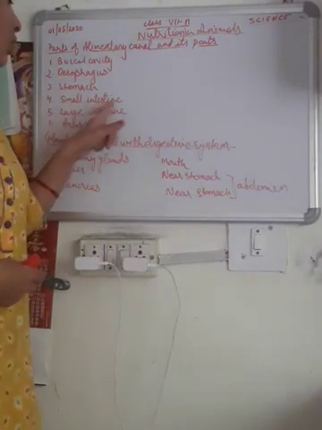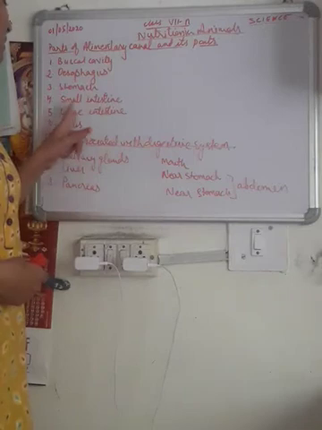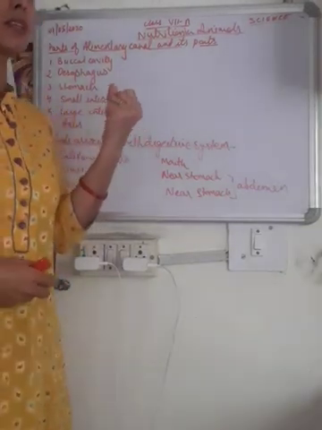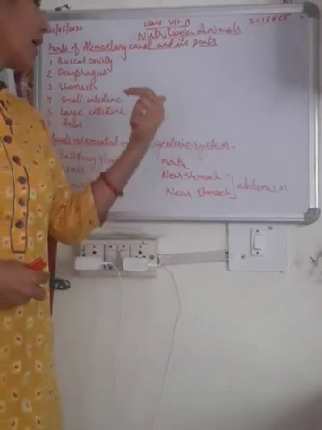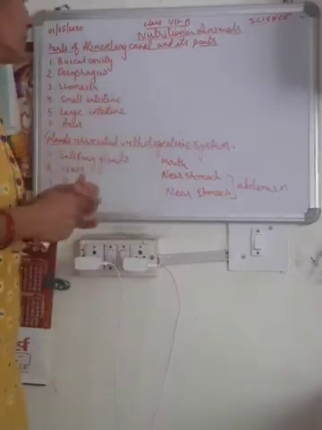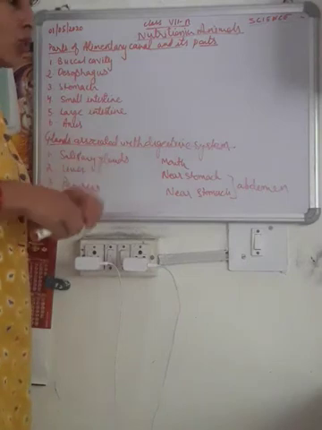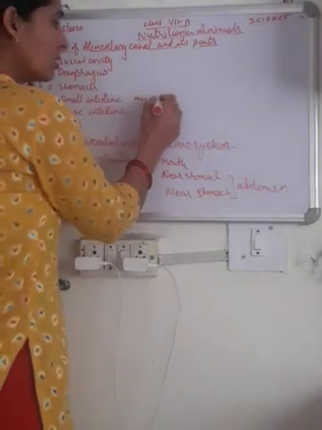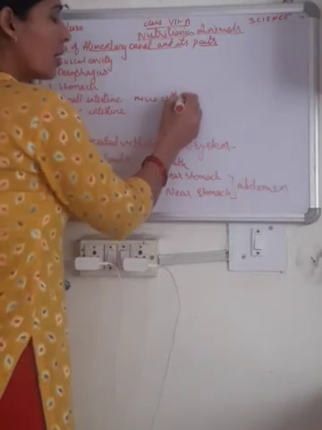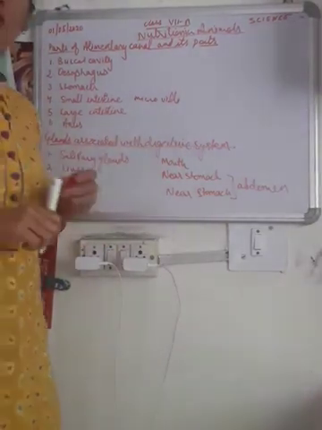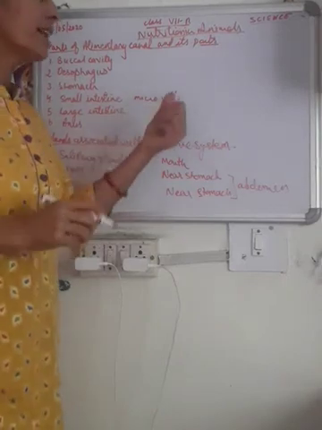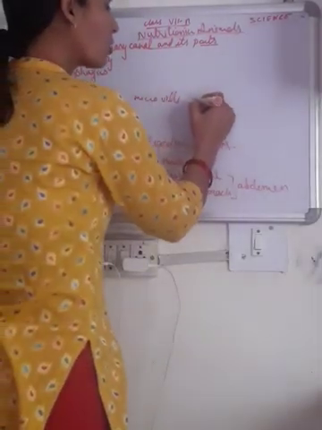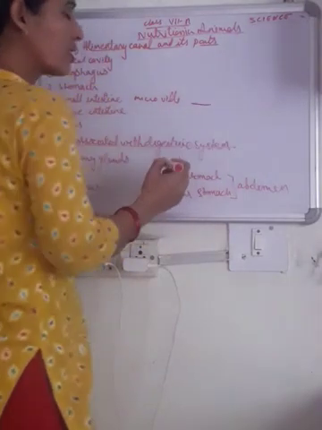Next is, children, the small intestine, which has a structure with microvilli in it. The role of microvilli is to absorb the digested food. Microvilli increase the surface area. They are finger-like projections on the inner walls of the small intestine.